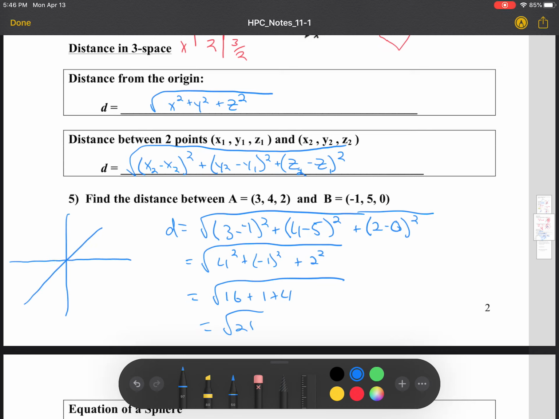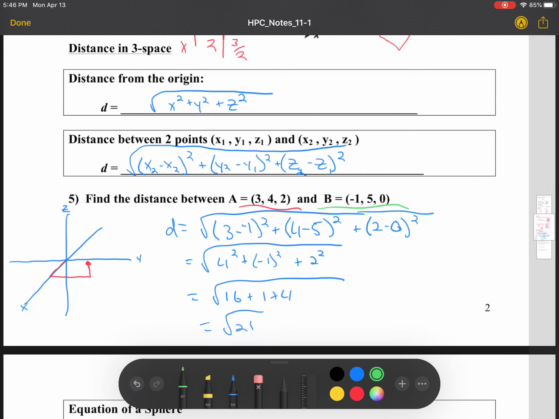Okay, not too bad. You want to look at it in graphing form. Okay, we've got our x, y, and z axes. Alright, from A to B. Let's see, the first point is going to be 3, 4, 2. So that's 1, 2, 3. About right there.